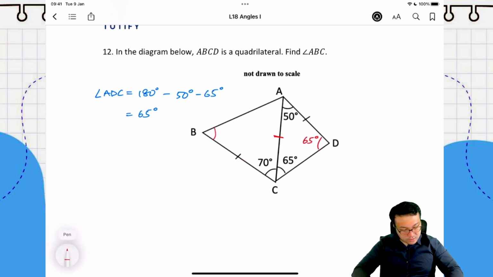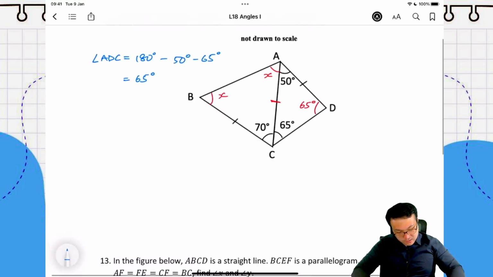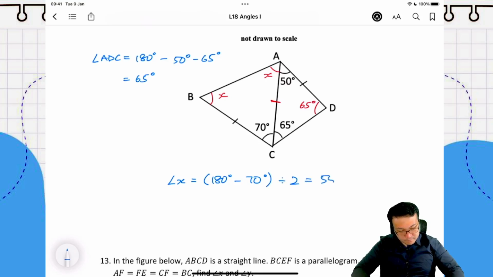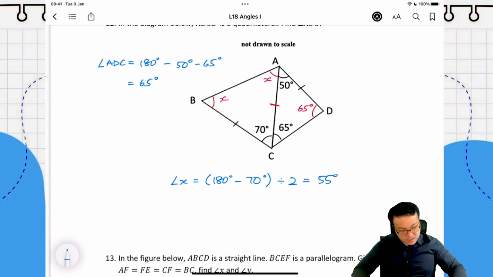So do you agree? 180 minus 70, divided by 2. Let's say we call this angle x and this angle x. So let's find angle x. 180 minus 70 divided by 2. What's the answer? 55. Now they ask you to find angle ABC.